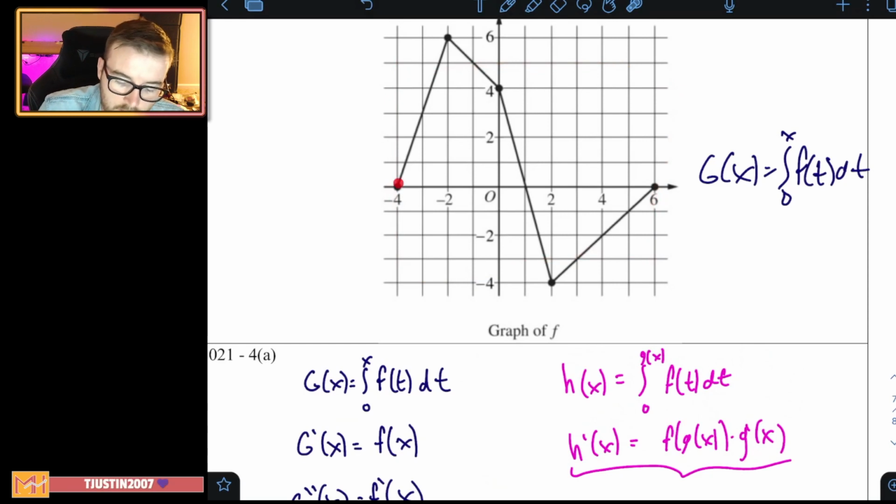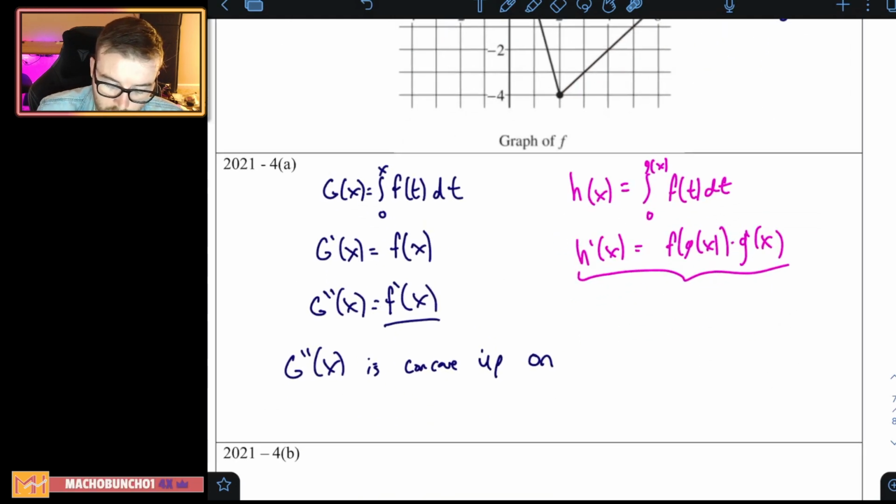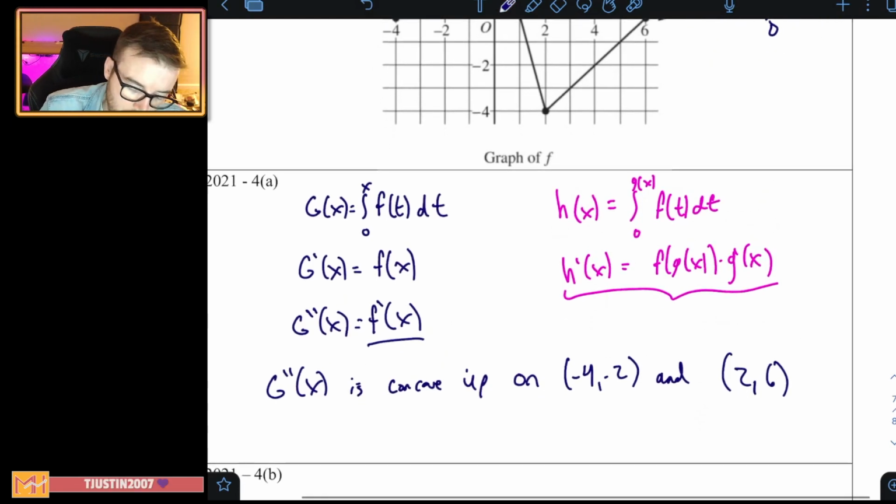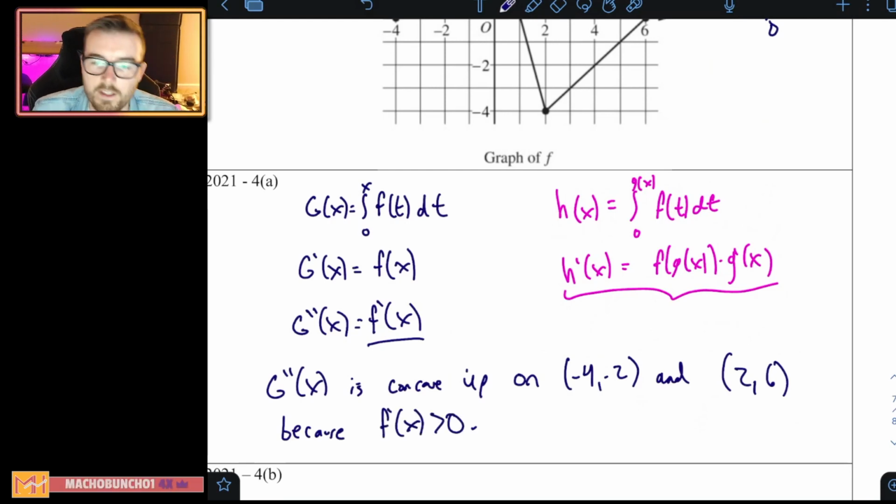This graph is increasing from -4 to -2 and from 2 to 6. So g of x is concave up on the interval -4 to -2 and the interval 2 to 6, because f prime of x is greater than 0.